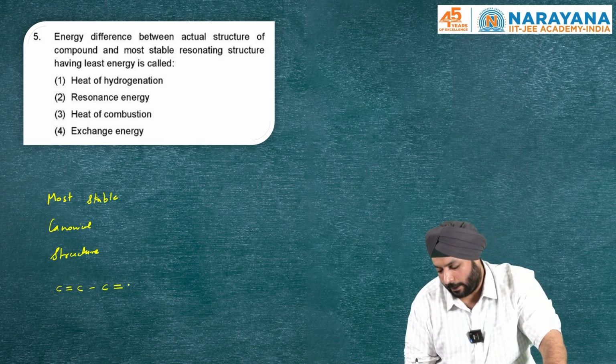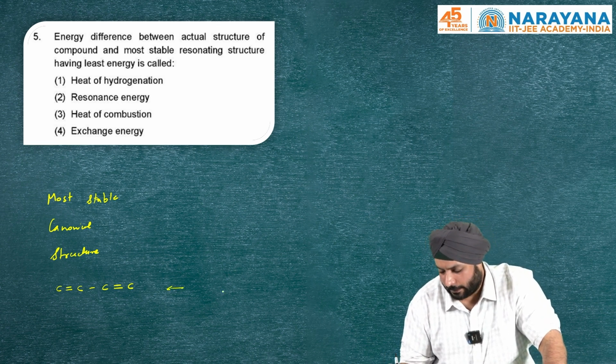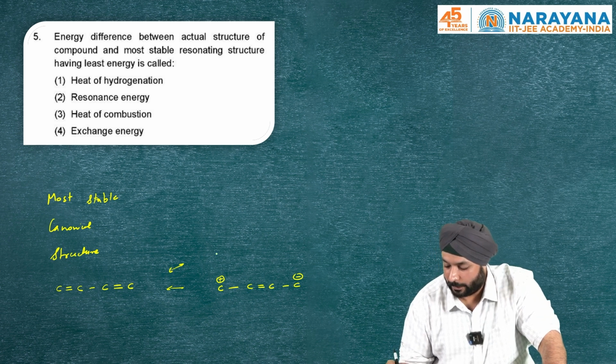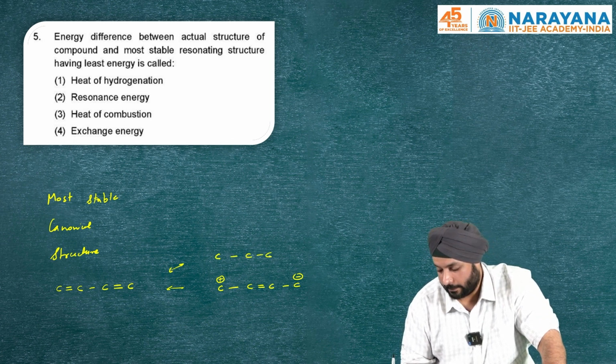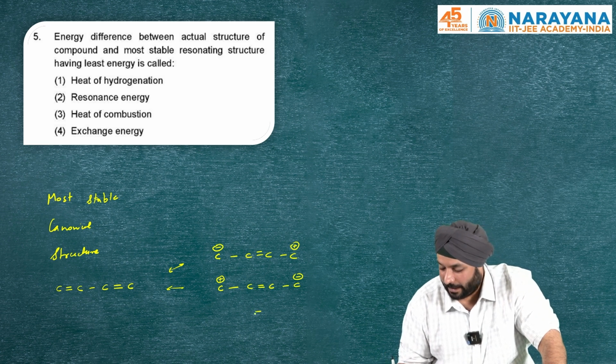Like, I have normal butadiene. If I am drawing the canonical structure of this molecule, I'll be having these two canonical structures. Actual structure will be the hybrid of these structures.